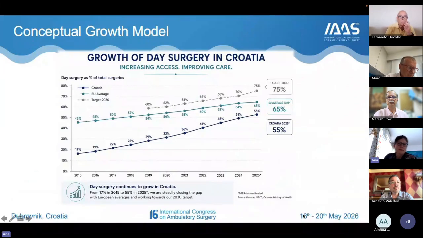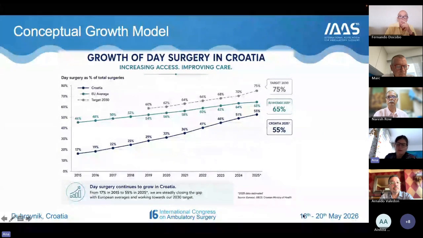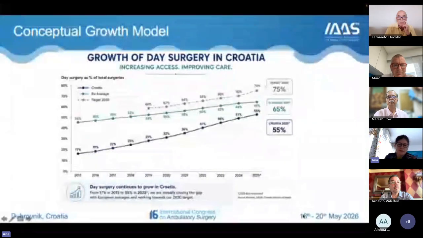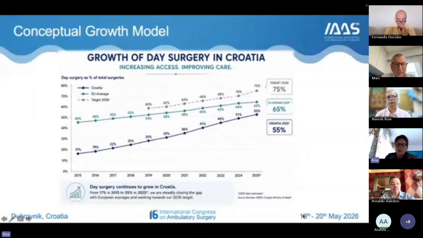This is a projection of the growth of day surgery in Croatia, which shows that our numbers are not so high as in developed European countries, but it shows slow but steady growth, which I think means we are playing it safe, and that's the only right way to do it.